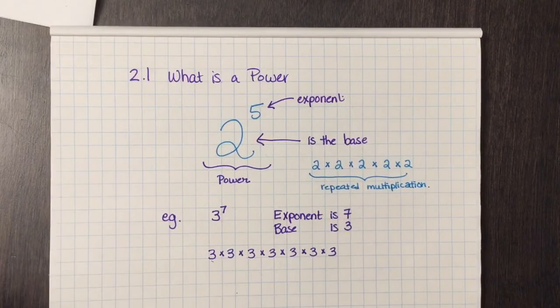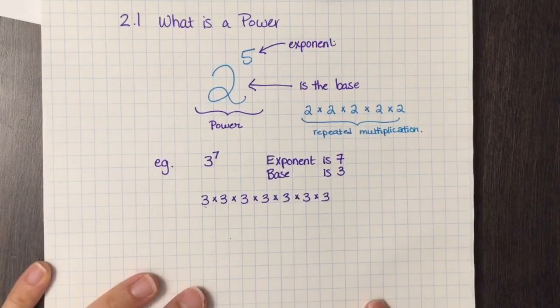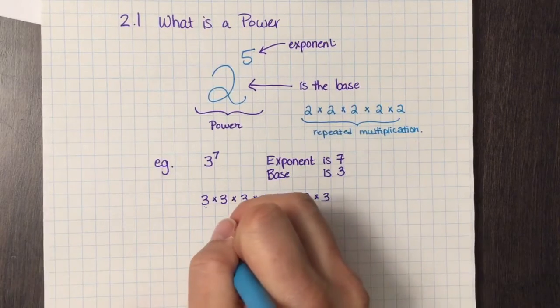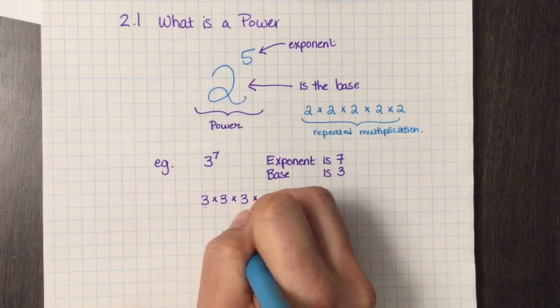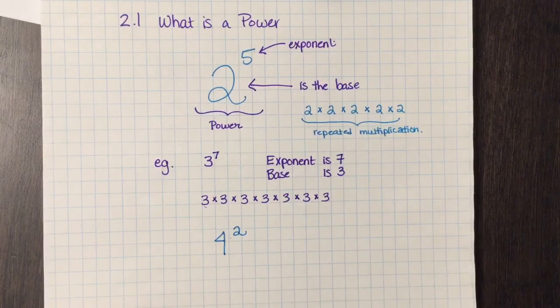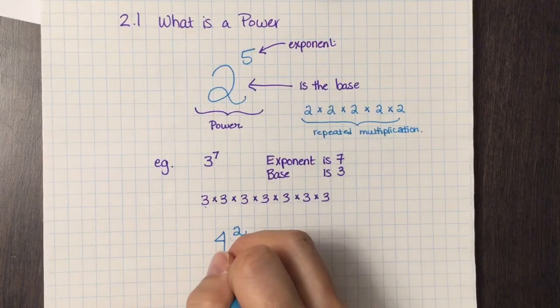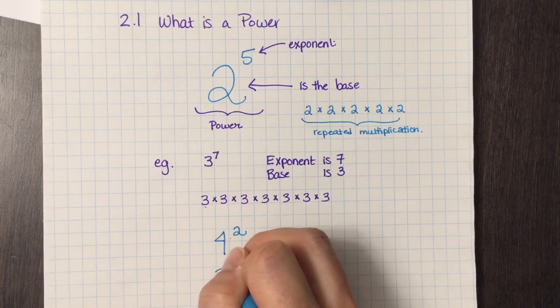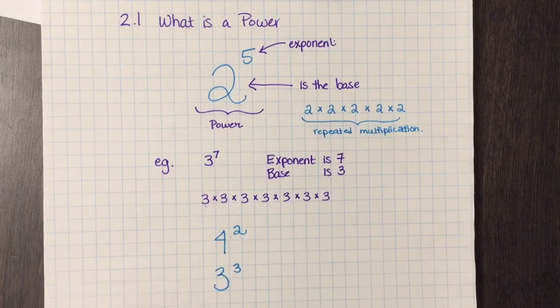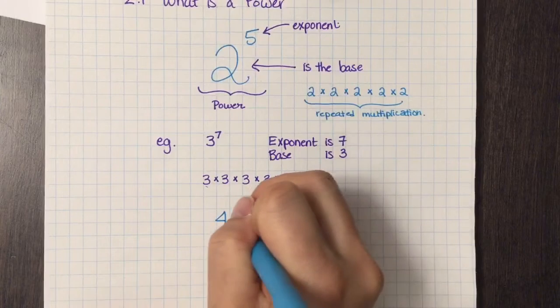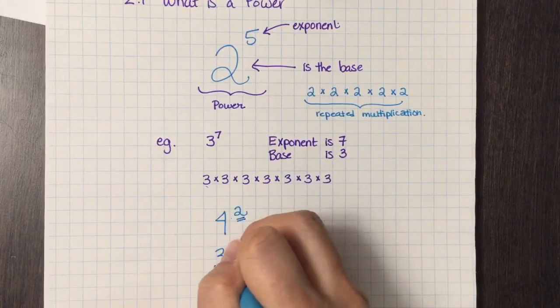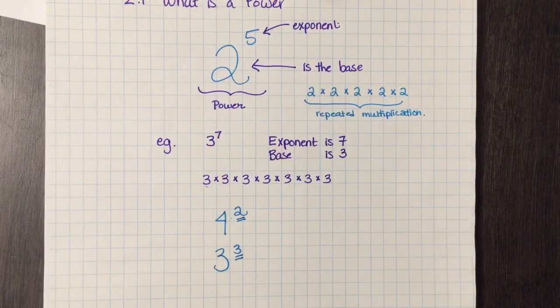We've already seen quite a few of these, especially things like 4 squared and 3 cubed. We've seen those types of exponents, these types of powers, before.